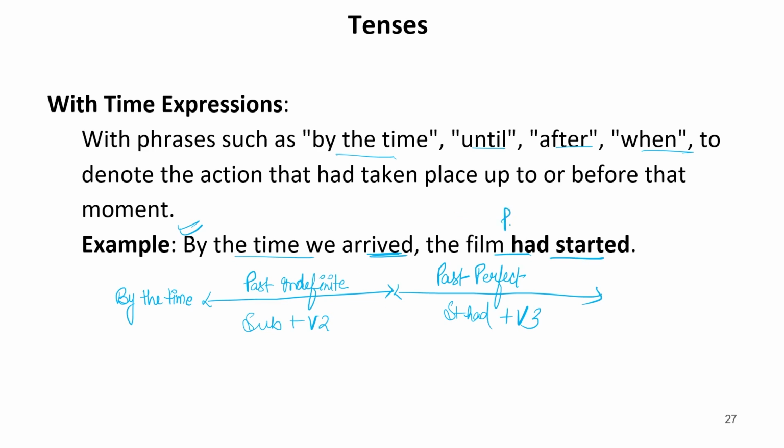So this is past perfect tense and this is past indefinite tense. Now always remember, past makes combination with past and indefinite makes combination with perfect. What are these combinations? Let's discuss them later on.